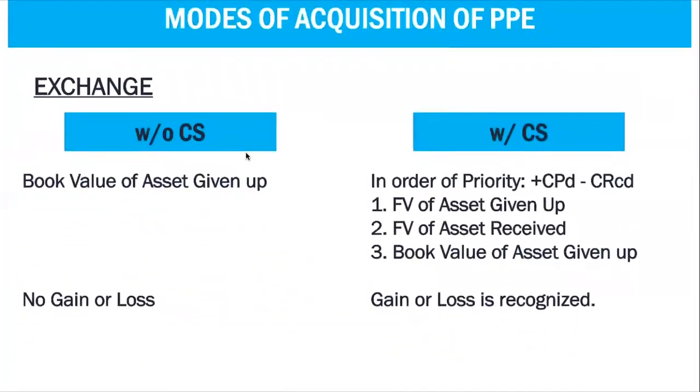Exchange. So another mode of acquisition, we have your exchange. For this exchange, we have two companies or two entities which will now exchange their property, plant, and equipment. So in looking whether there is an exchange, we look if ever it is without commercial substance or with commercial substance.